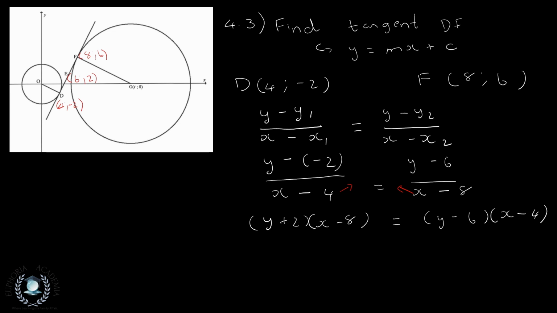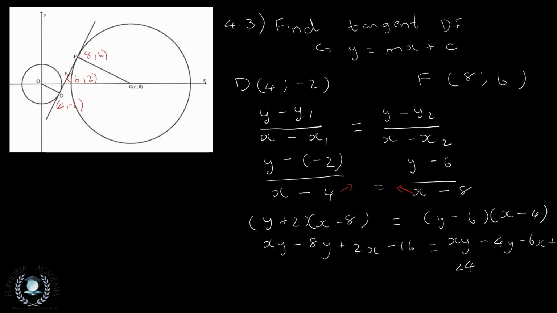We're going to find xy, and we're going to have a minus 8y, we're going to have plus 2x minus 16 on the left hand side. On the right hand side we're going to have xy minus 4y, we're going to have minus 6x plus 24.